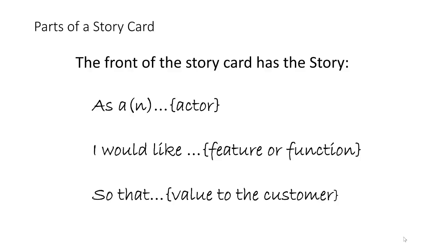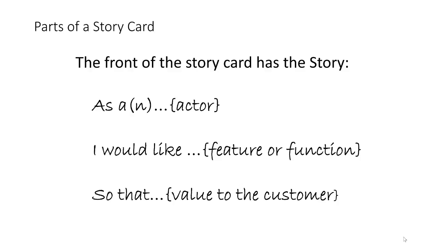So this helps you focus on not just what you're doing, like what the feature is that you're implementing, but why you're implementing it. Right? Those two aspects: at the beginning, who is it? And at the end, why do they need it? What's the value that they're getting?